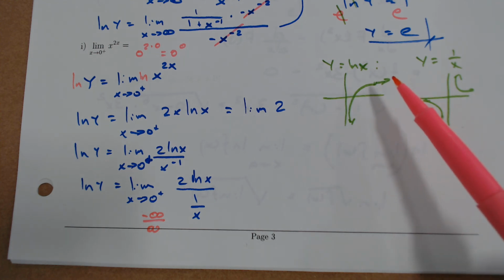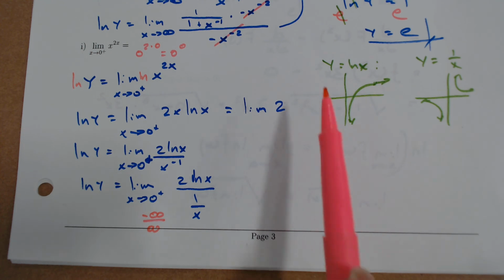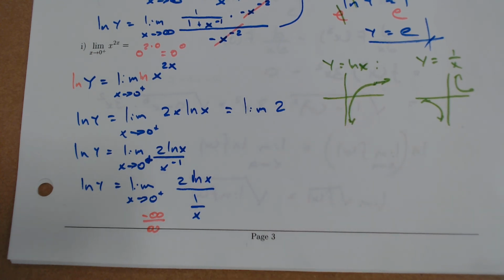From the left of ln x, no problem, negative infinity. But what about from the right? From the right, there's not even a graph. The function is undefined. So in that case the limit doesn't exist, and all this work would be worthless. But the fact that we are specifying one side is meaningful in this case.